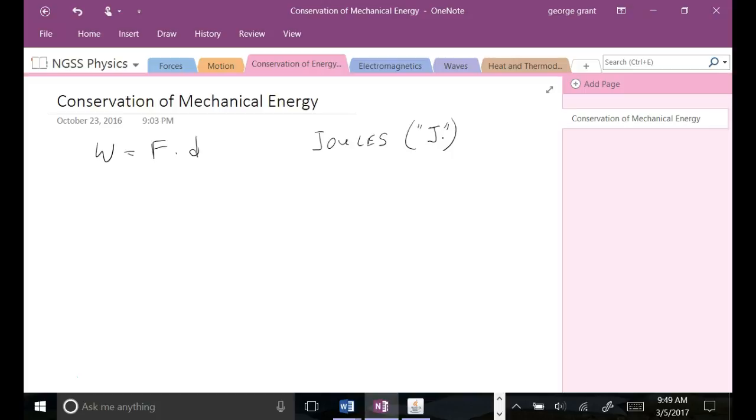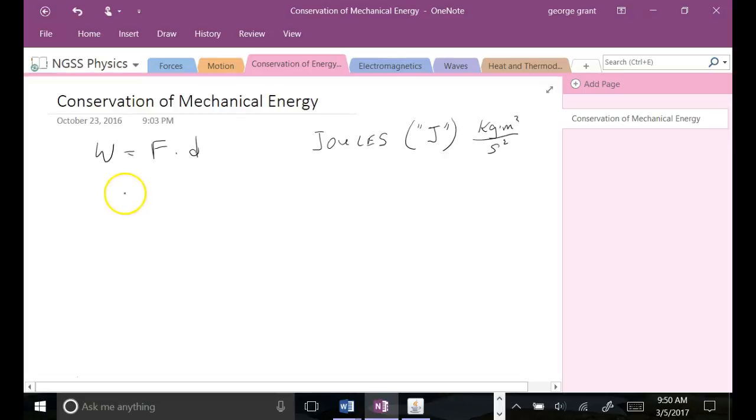And if you recall, force is measured in newtons, which is a kilogram meter per second squared. And if we multiply that by distance measured in meters, a joule is equivalent to a kilogram meter squared per second squared. Okay, so for those of you keeping track of the units at home, and I hope you all are, that's what's going on.